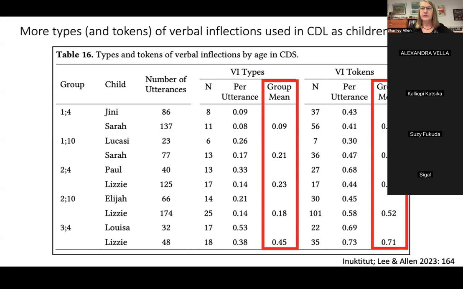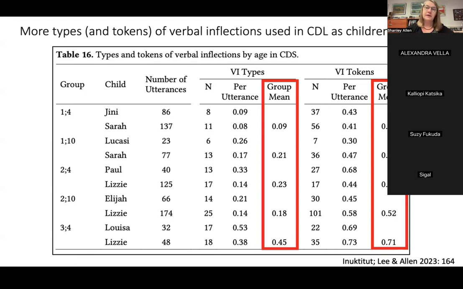And then under the verb inflection tokens, we see that the group mean goes from 0.42 verb inflection tokens per utterance to 0.71 by the oldest age. And so that means they also get more verb inflections per utterance as they get older.